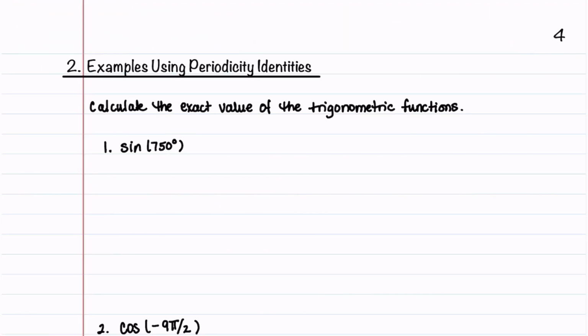Let's now dive into 3 example problems where we'll use periodicity identities to find the exact value of a trigonometric function. We'll first find the exact value of sine of 750 degrees. Our periodicity identity tells us that sine theta is equal to sine of theta plus n times 360 degrees.